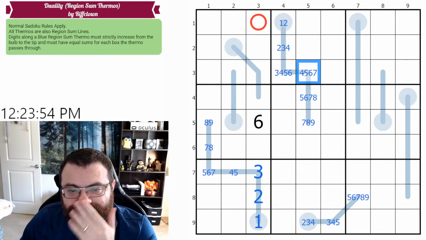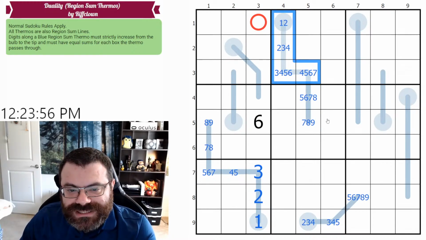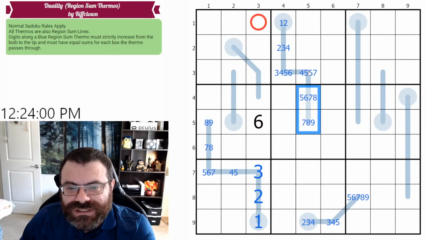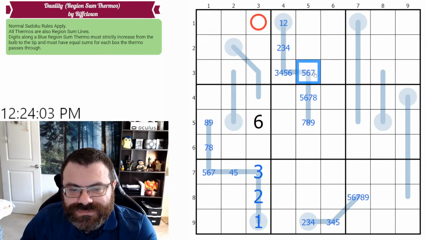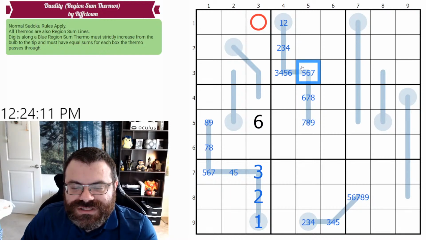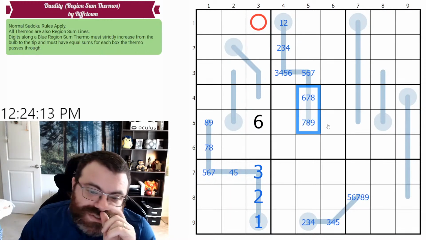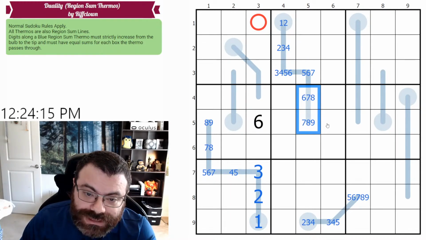So we can do it the other way as well. If this was a 4, this would add to 10, but we can't add to 10 here. The minimum we're adding to here is 12. So that's not a 4. So that's not a 5. No, it could be 5. Oh yeah, it couldn't be. This is minimum 5. So now these add to minimum 13.